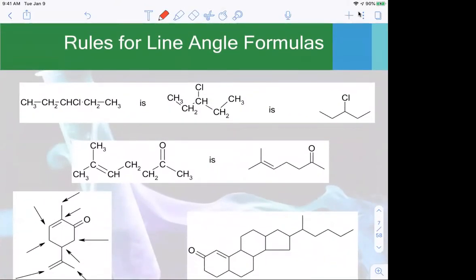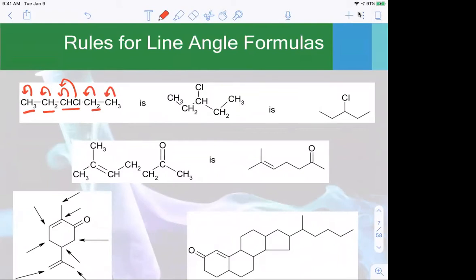So let's look at this. I have CH3, CH2, CHCl. Now remember, that means that both of those atoms, the hydrogen and the chlorine, are on the carbon. Then I have CH2. Remember how I read these, left to right. The hydrogens are there. The hydrogens are there.